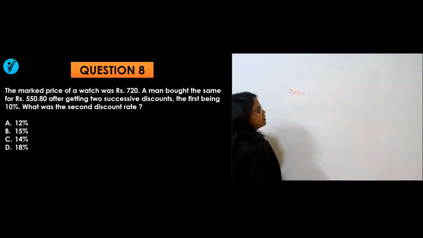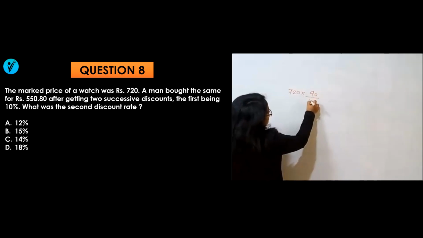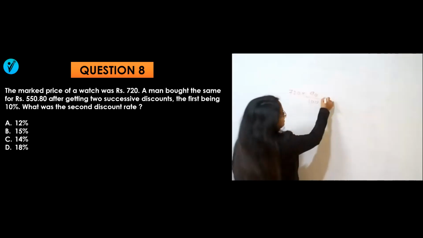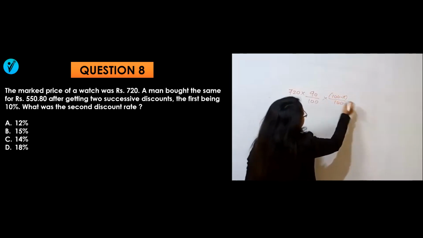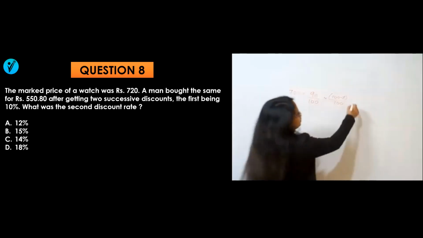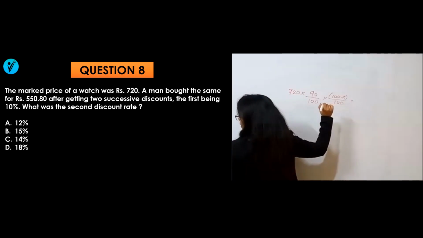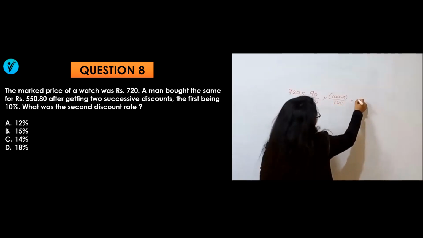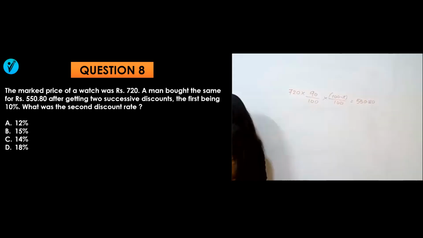On this, if I get a first discount of 10%, it will be multiplied by 90 by 100. The 10% is gone. On the second one, it will be 100 minus x. Whatever the value of x, 100 minus x divided by 100, which will be equal to what? 550.80.